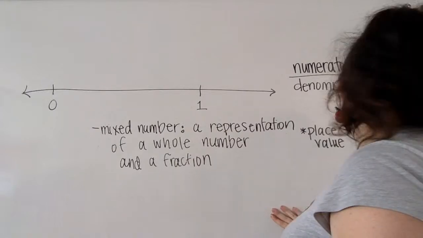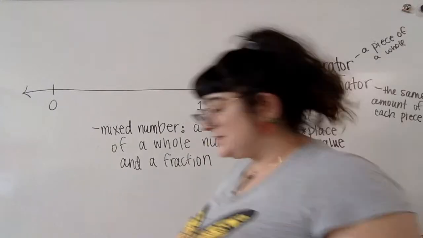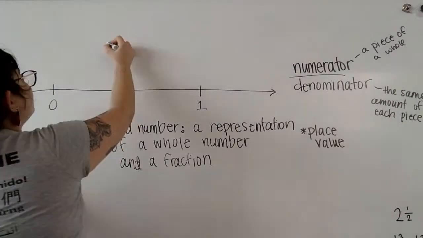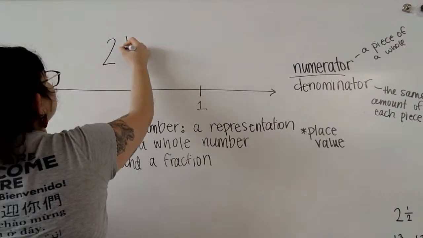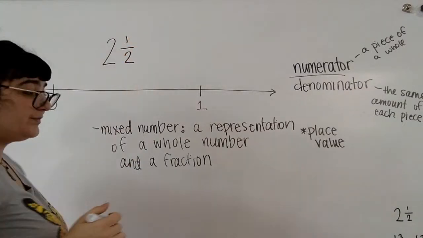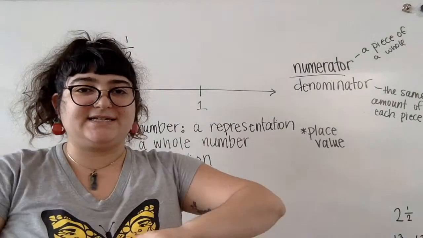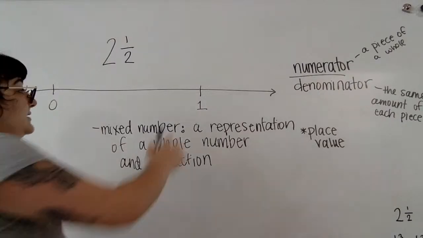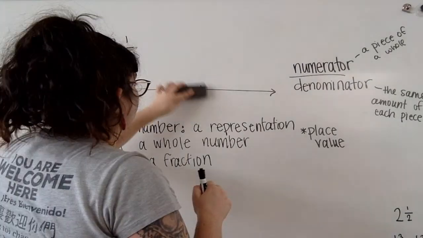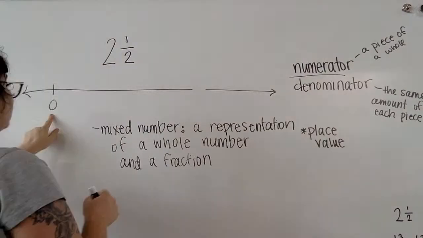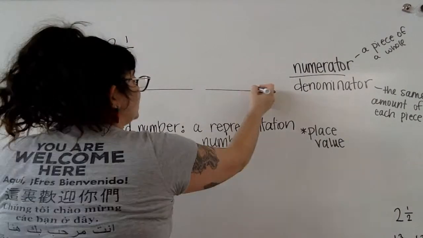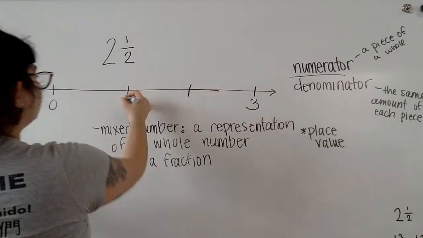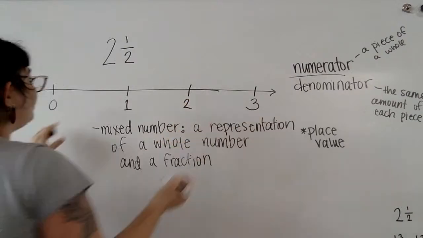Now the mixed number that I really want us to take a look at is, let's start off with 2 and a half, okay? So this is going to be our first example. Now, if I'm drawing 2 and a half on a number line, right, this is going to have to be different. I might have to make a small, do 0 and maybe consider 3, right? 1, 2, and 3.